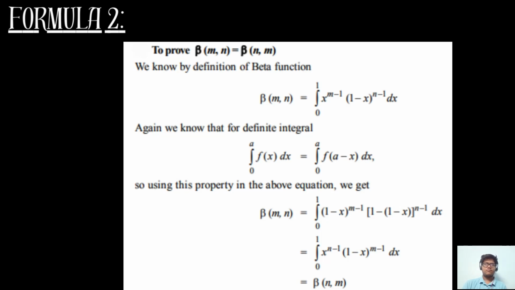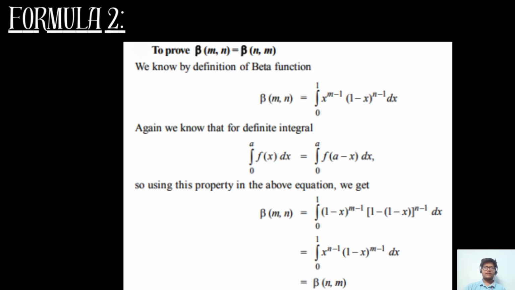So using this principle, the above equation becomes beta m comma n is equal to integral 0 to 1 of 1 minus x to the power m minus 1 into 1 minus of 1 minus x to the power n minus 1 dx. Hence we get the above equation as integral 0 to 1 x to the power n minus 1 into 1 minus x to the power m minus 1 dx. The formula is beta of m comma n is equal to beta of n comma m.